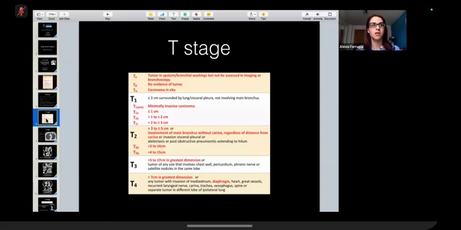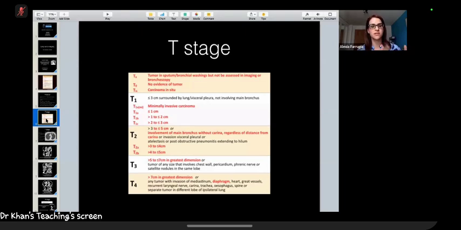T2 tumors are larger tumors. They measure more than 3 to less than or equal to 5 centimeters, or there is involvement of the main bronchus without the carina, regardless of the distance from the carina, or invasion of the visceral pleura, or atelectasis or post-obstructive pneumonitis extending to the hilum. So this is either or.